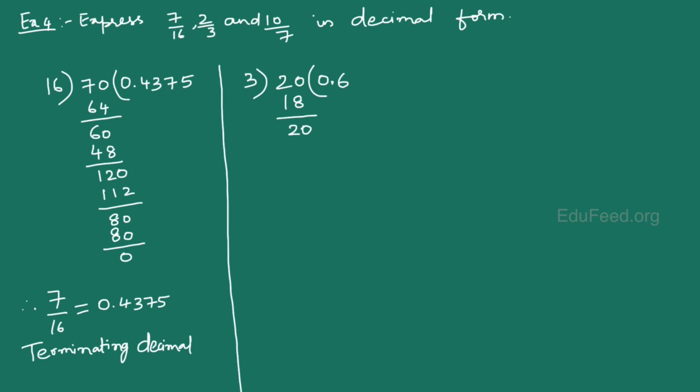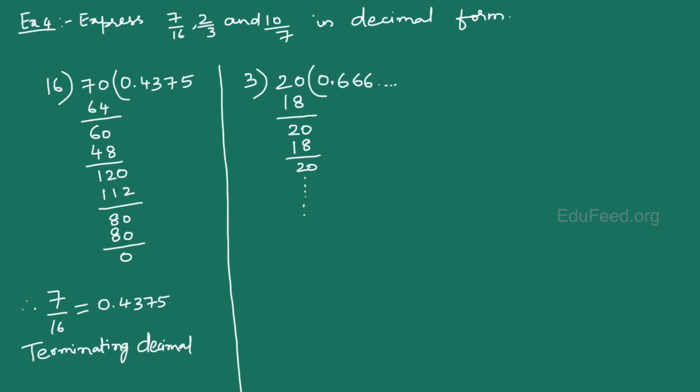You still have to go for a 20, then you still get a 6. 6 times 3 is again 18, you still get a 20. So this keeps repeating forever, and this 0.66 also keeps repeating forever.